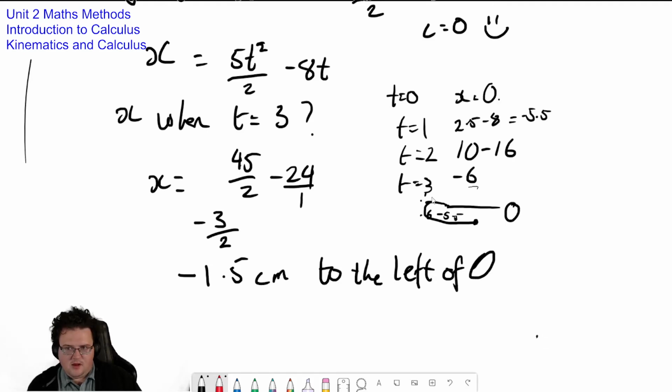So at some point, what speed did it have to be? If it was going to turn around and come back, how fast would it have to be going at some point to turn around? It would have to become 0.